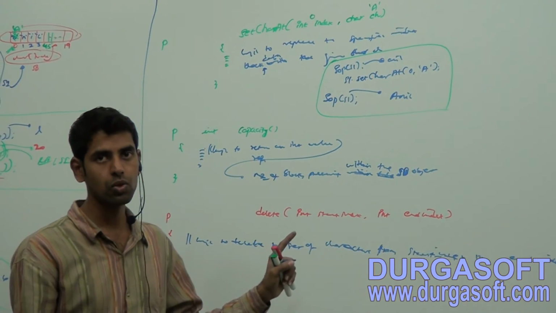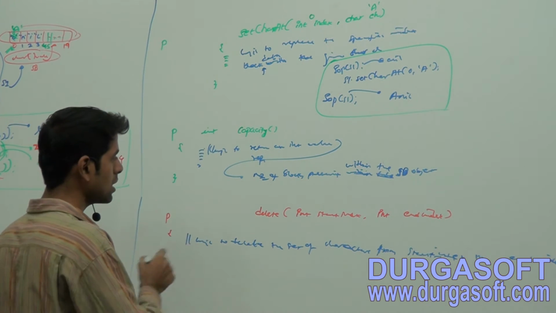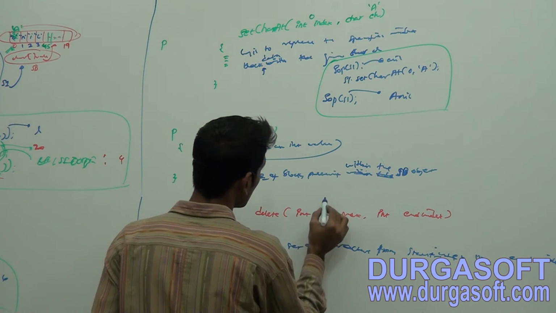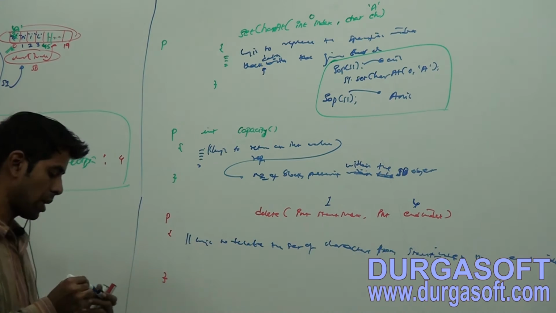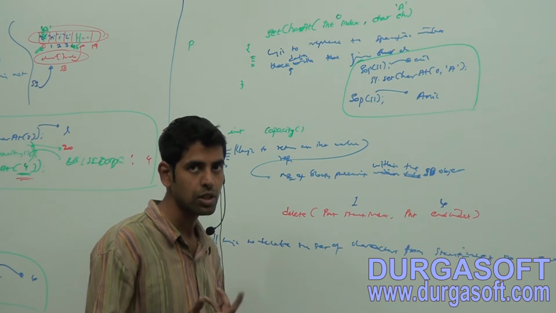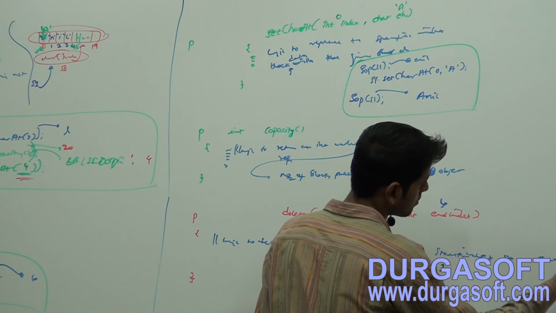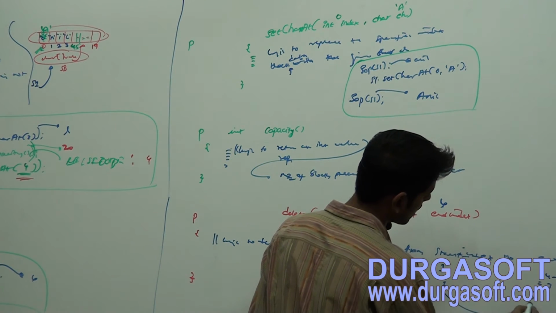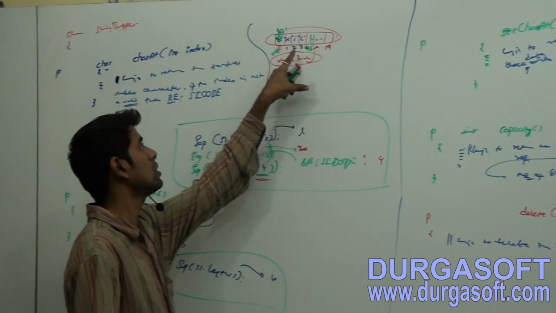If I pass 1 comma 4 as the argument to this method, it will consider the start index as 1 and the end index minus 1 as 4 minus 1, which is 3. From index 1 to index 3, it will delete the set of consecutive characters.